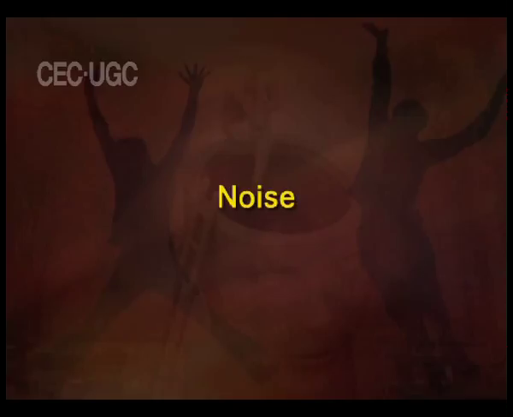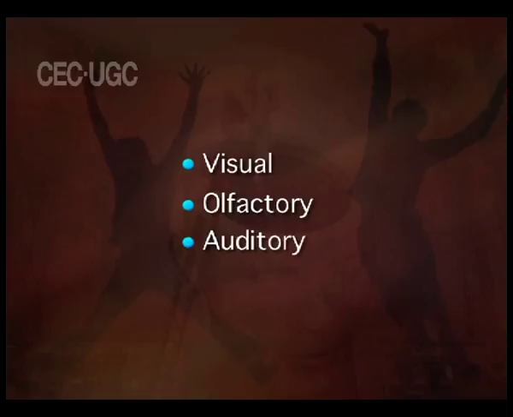Any interference in the communication process is called noise. This noise in a communication process could take various forms. It could be visual, it could be olfactory, it could be auditory. What do we mean? A visual noise is a disturbance which we can see, a disturbance which diverts our attention because we are seeing something that is not integral to the message we wish to communicate.